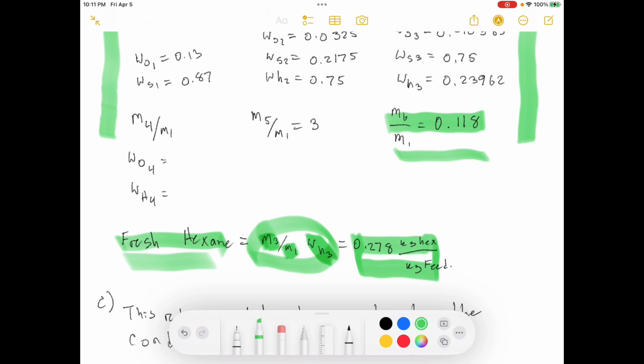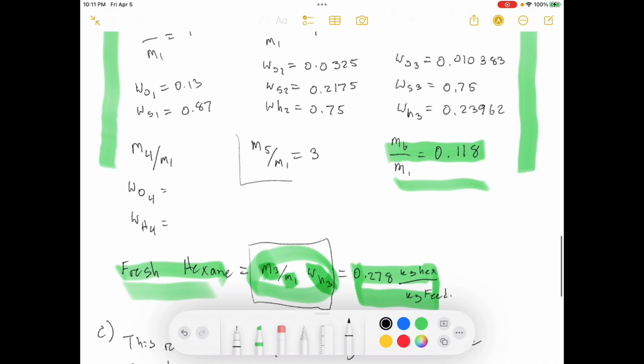And then the last one, the recycle to fresh. Okay, so the recycle to fresh would be this value divided by this value, okay, or vice versa. So it would be 3 divided by this number, okay? So that would be M5 over M3, basically.